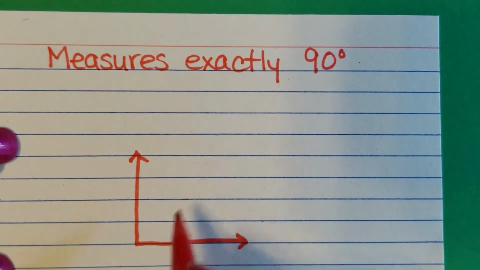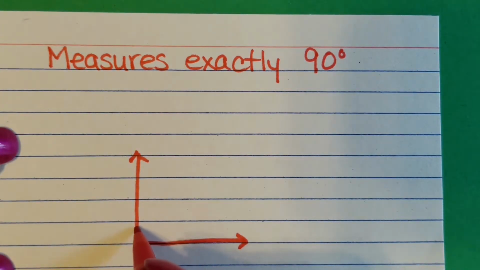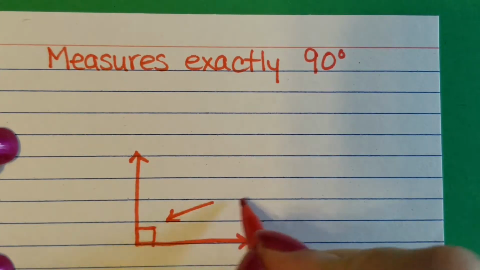And we put a mark on that, especially in our sketches, of a little box there to indicate a right angle.